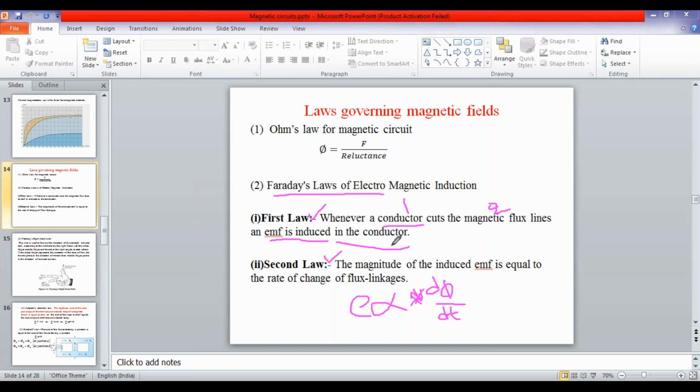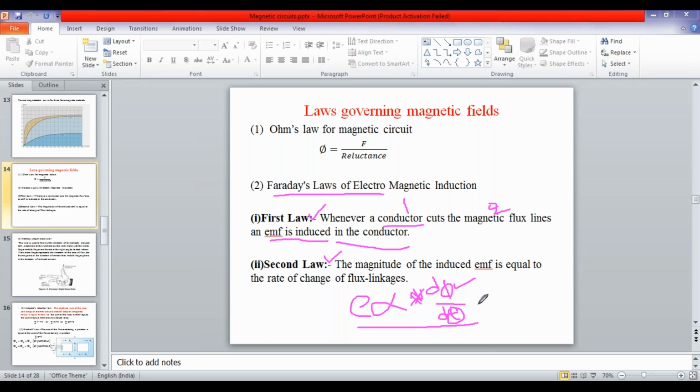That's the first law. Now the magnitude of the induced EMF is given by Faraday: the induced EMF is directly proportional to the rate of change of flux linkages. That is, the flux waveform should be changing with respect to time t. A time varying field should be there.